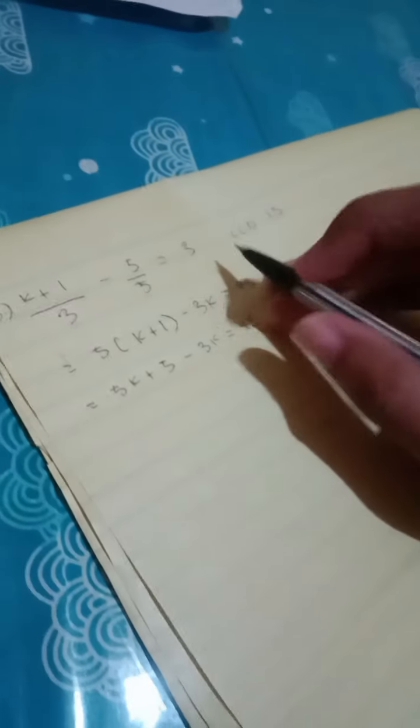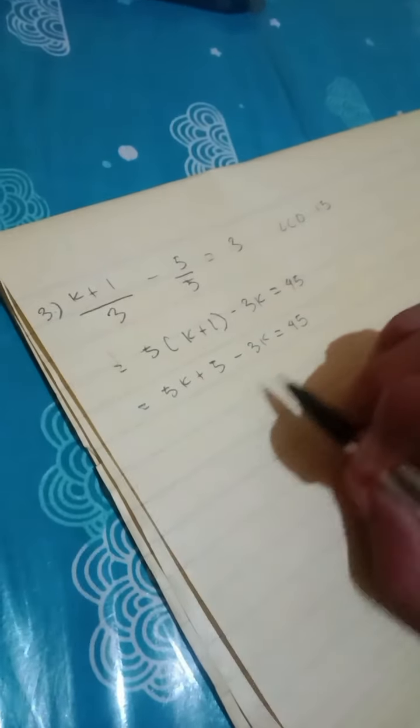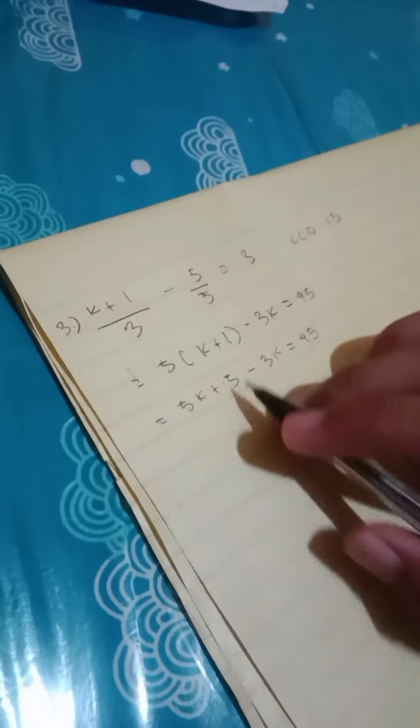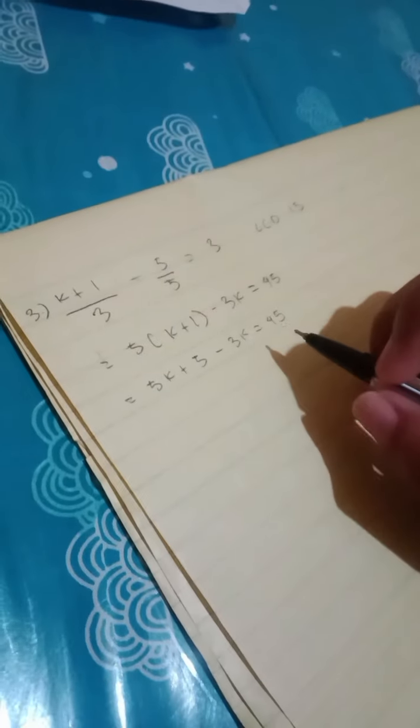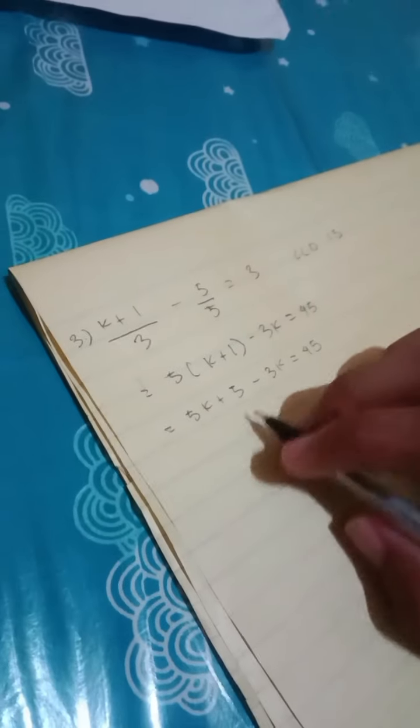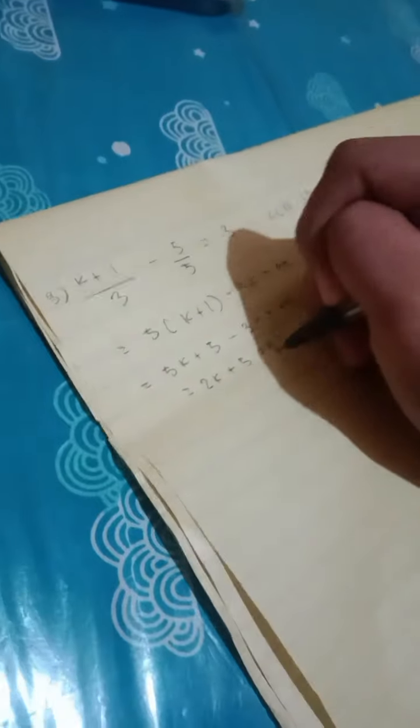Then combine 5k and negative 3k to get the 2k, because we're gonna combine these two. So this will be the result: 2k plus 5 equals 45. So move 45 to the left side, raise the equal sign, and it becomes this.